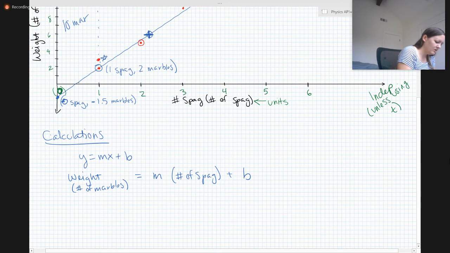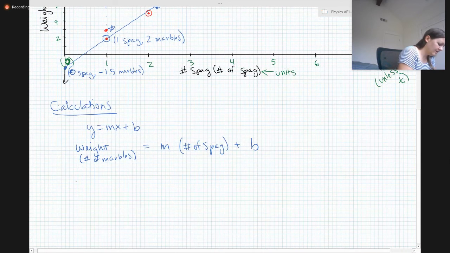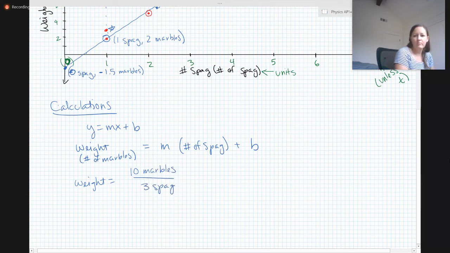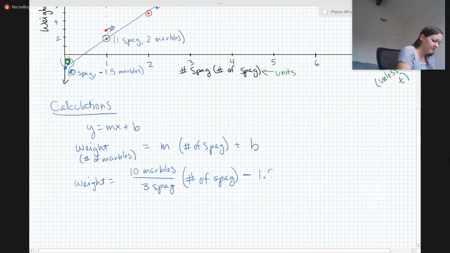So we are going to have our weight equals that 10 marbles over 3 spaghetti. And also you can do that from y2 minus y1 over x2 minus x1 as well. But I like graphical things. If I'm going to make a video, may as well be graphical. And then we're going to put that intercept in that we read off. So that was 1.5 marbles.